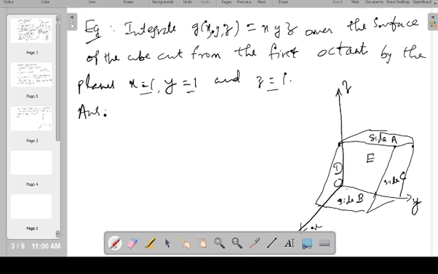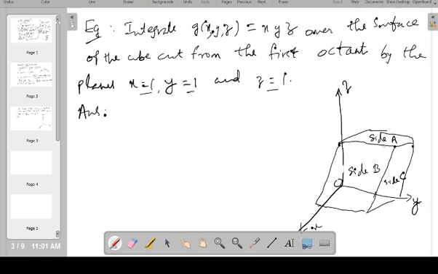Side B is the side which we see, the front face.